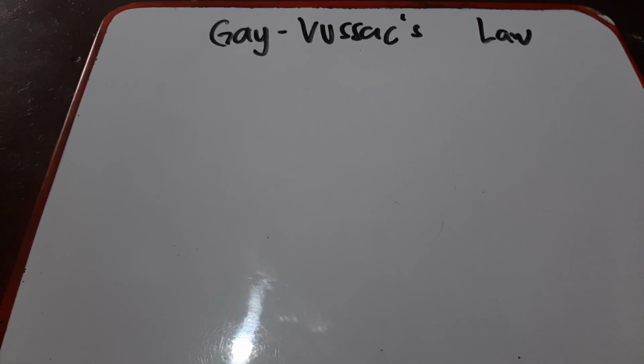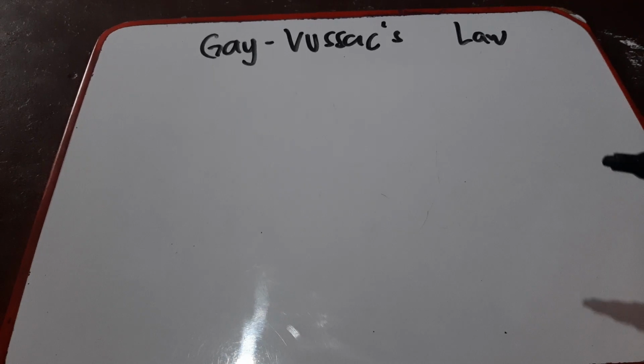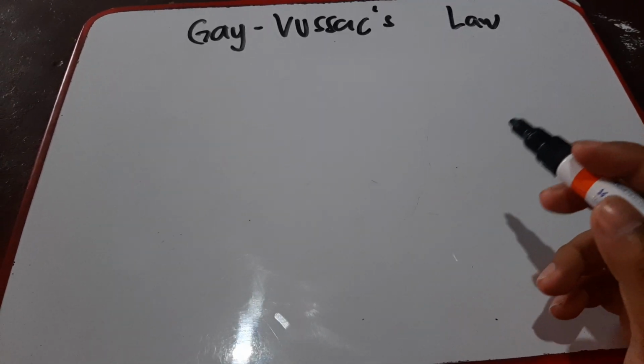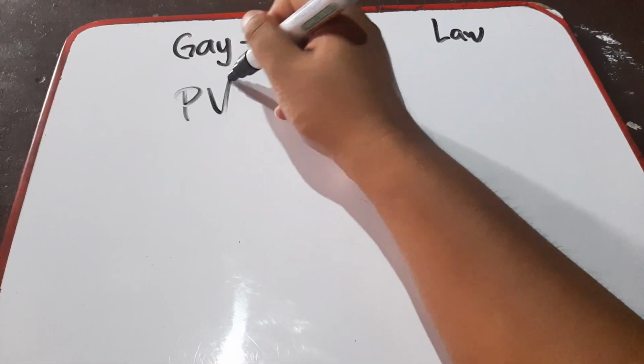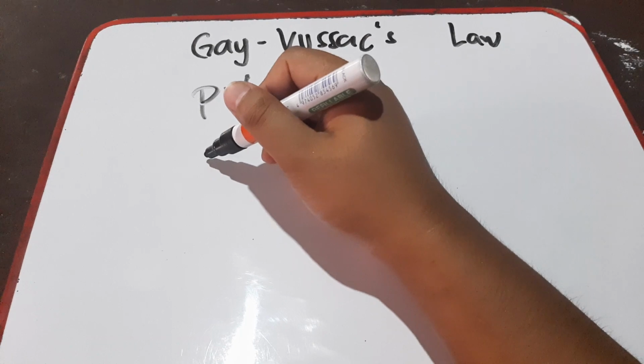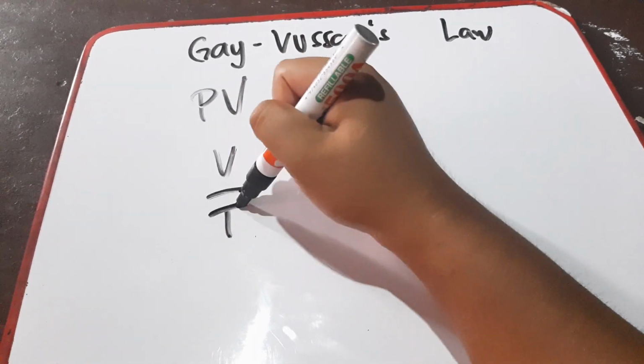He noticed the relationship of pressure and temperature just by looking at Boyle's law and Charles' law. Boyle's law compares pressure and volume, while Charles' law compares volume and temperature.